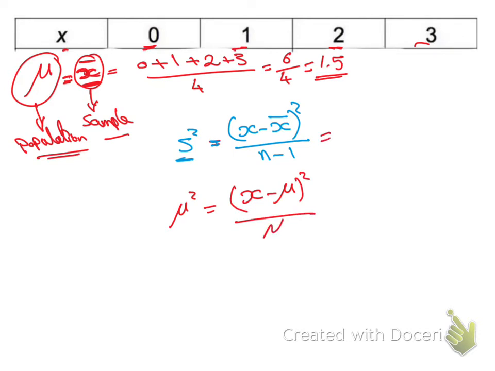So here, in order to get this one, I have to say x minus x bar: the first x is 0 and x bar is 1.5, so 0 minus 1.5 squared.